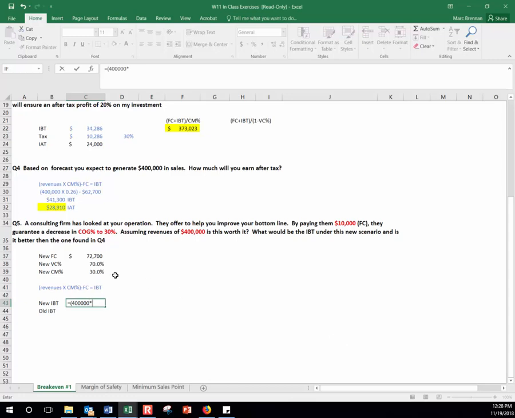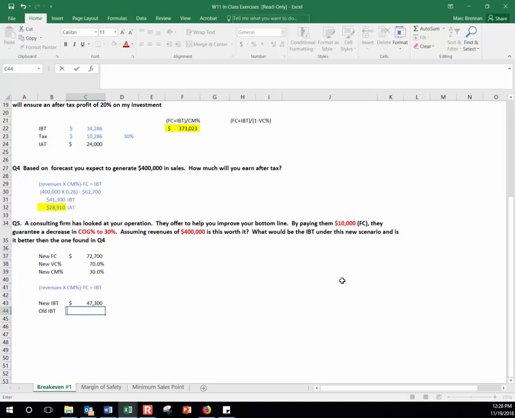What has changed is this contribution margin percent of 30%. And then my fixed costs have changed too in this new scenario, $72,700. And all I'm trying to find out is, with this increase in fixed costs but a reduction in variable cost percentage, am I going to make more or less money? Okay. So if we do that, with this scenario, with this consulting agency, I'm going to have $47,300 in operating profit. My old one, if we take a look, was $28,000.